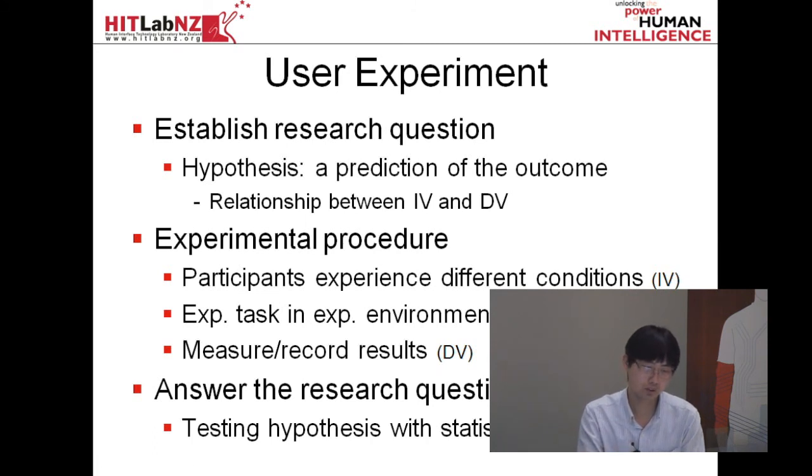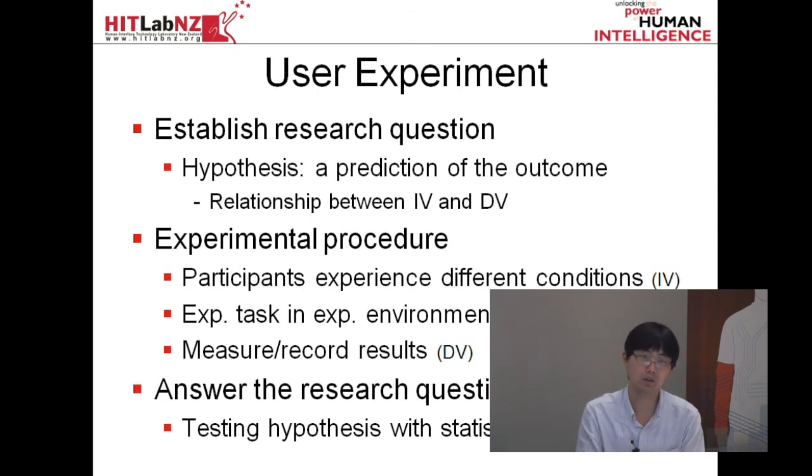So, for instance, if you set a hypothesis that people will have different task completion time between using a mouse and a stylus pen, then your hypothesis could be either rejected or supported through the findings you've measured through your experiment.